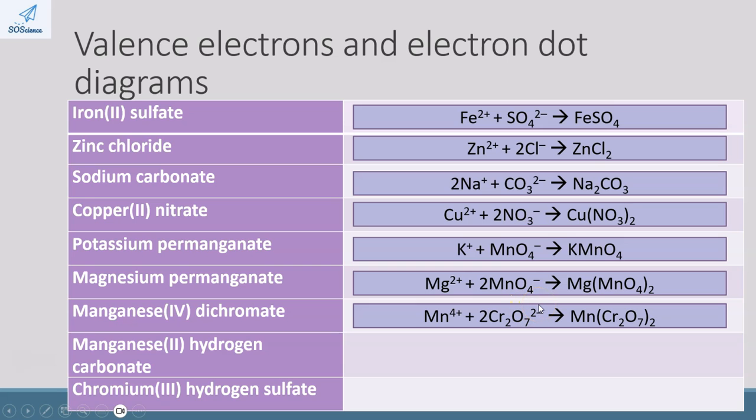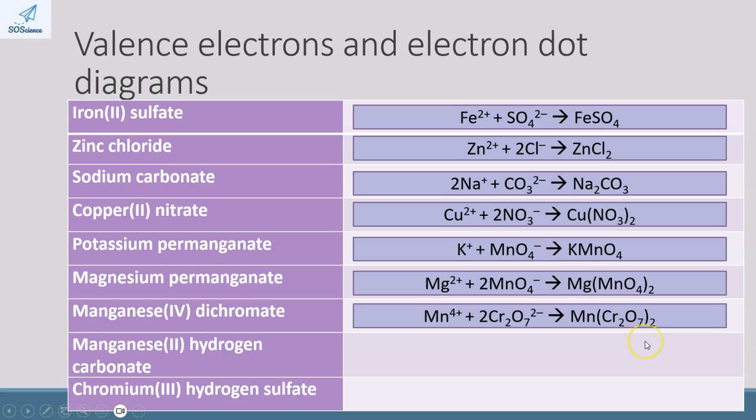Now remember, if you're going to use the crossing method, we know that we're going to result in Mn2(Cr2O7)4, but we need to find the lowest ratio, which means that the Mn2 and the Cr2O7 4 become a 1 and a 2.